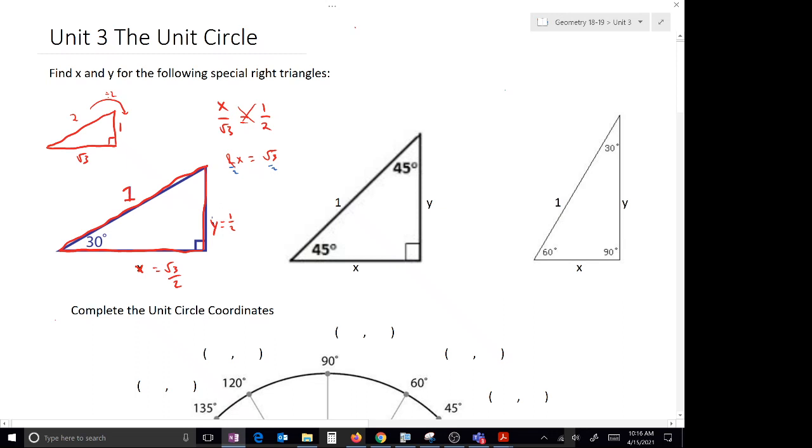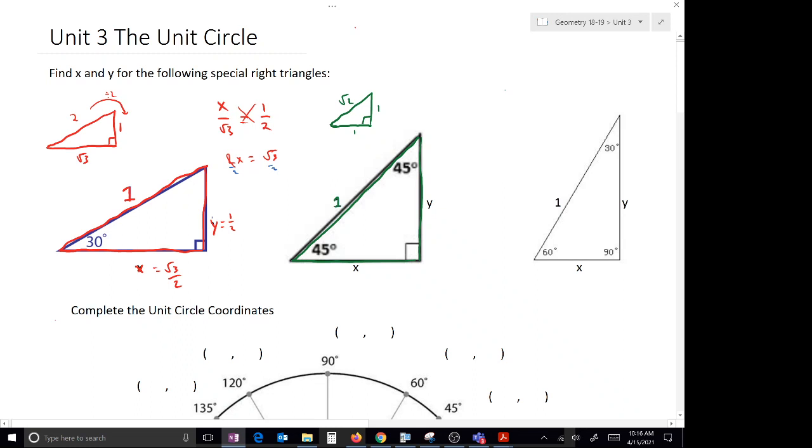Let's take a look at our 45, 45, 90 triangle. Again, the hypotenuse is length 1. We'll go ahead and draw our reference. And for a 45, 45, 90, our reference is 1, 1, and then hypotenuse root 2.